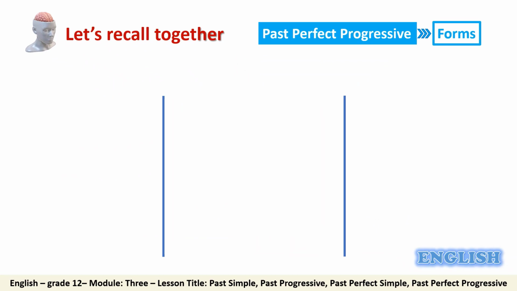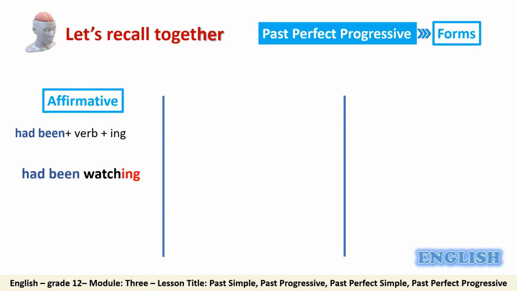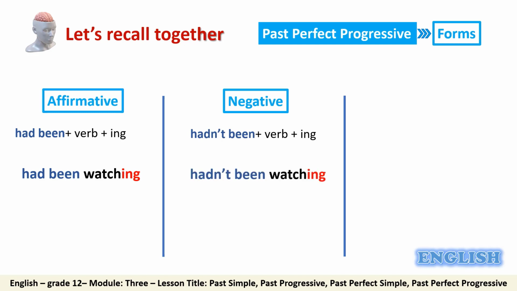Finally, the forms of the past perfect progressive. We start with the affirmative form. It is formed by using had been plus verb plus ing. For example, had been watching. As for the negative form, it is made by using hadn't been plus verb plus ing.